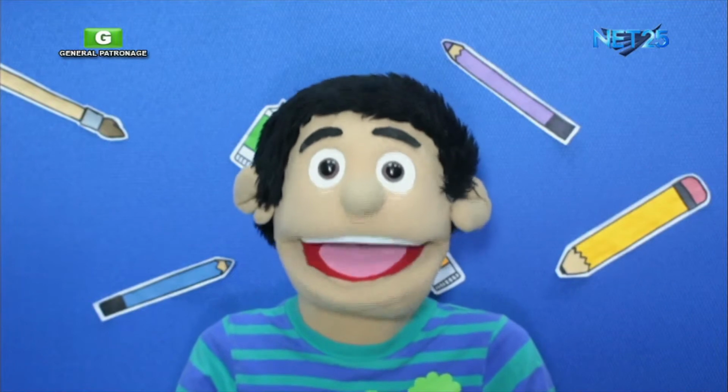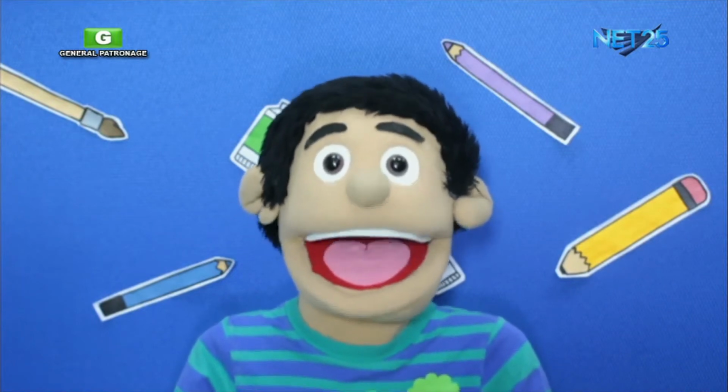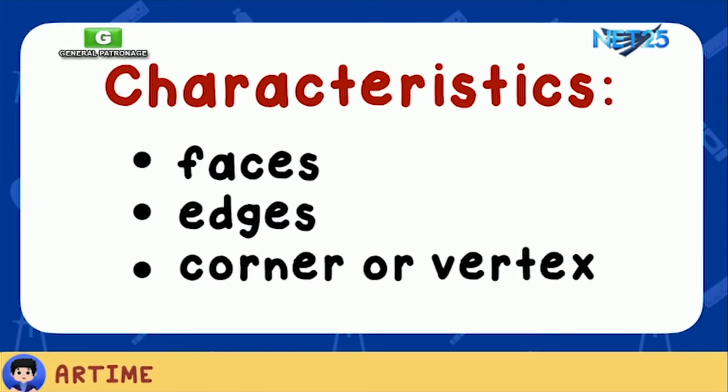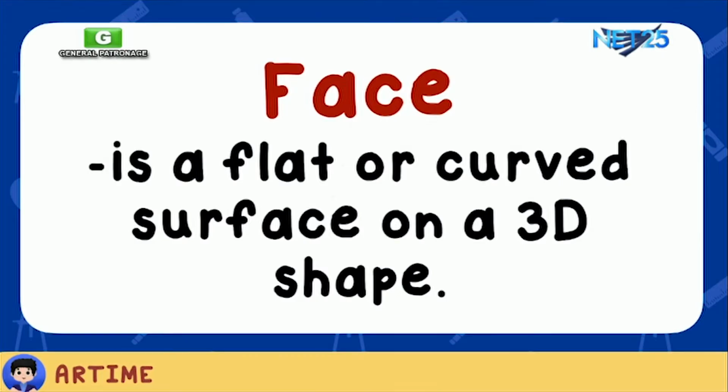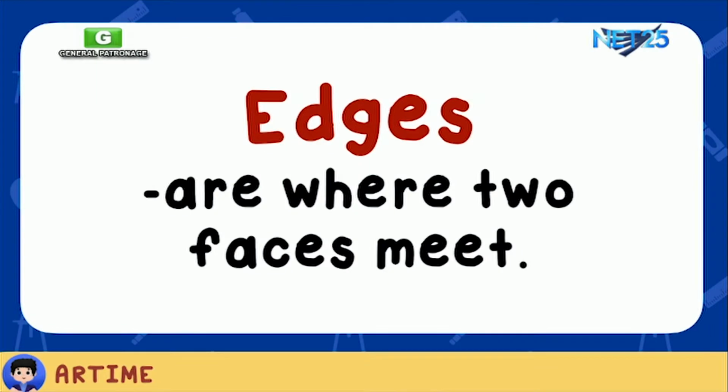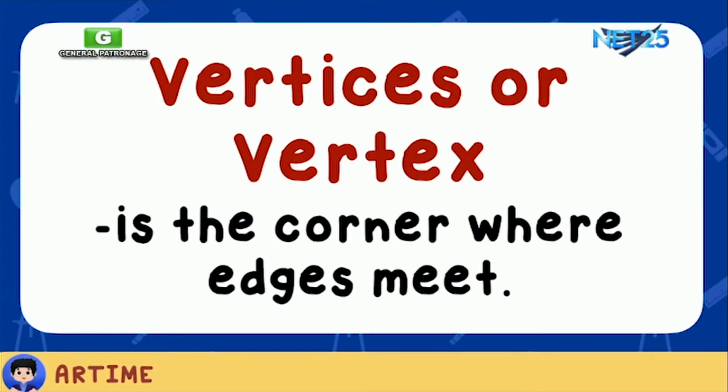There are 3 characteristics of a 3D figure: face, edge, and corner or vertex. The face is a flat or curved surface on a 3D shape. Edges are where 2 faces meet, while the vertices or a vertex is the corner where edges meet.